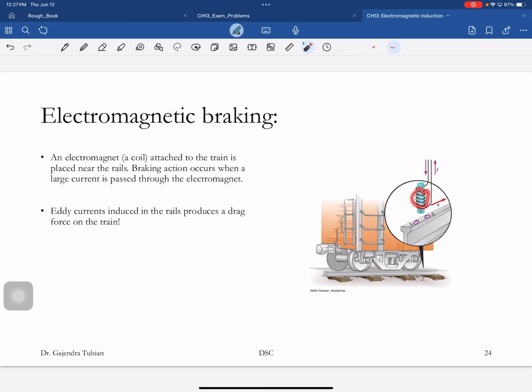Now this has become an electromagnet, a strong magnet. And as the train is moving, this becomes a north pole, the eddy current, this is a south pole. This is pushing the train back, this is pulling the train back. And you'll have a nice, smooth, fast stop. You won't even spill your hot coffee.